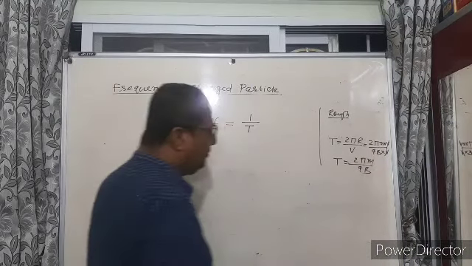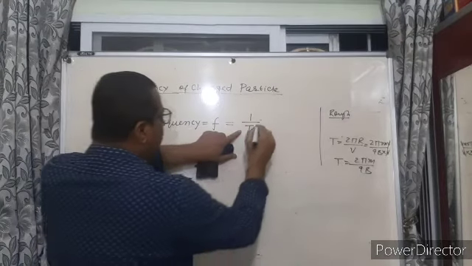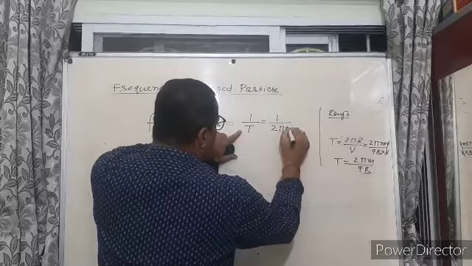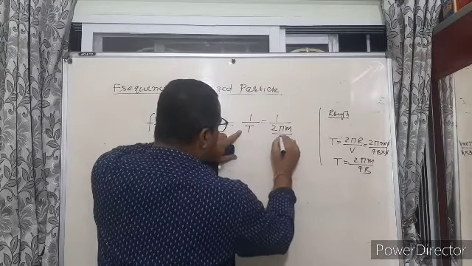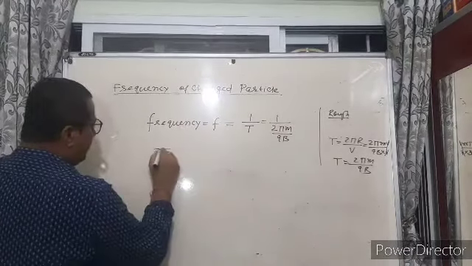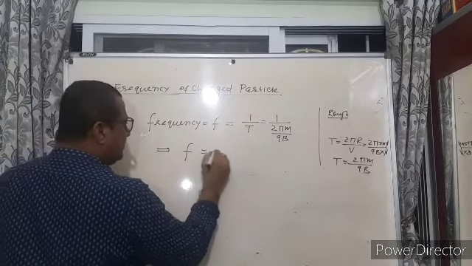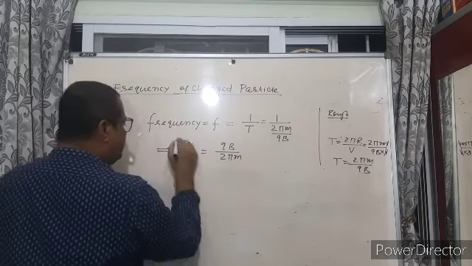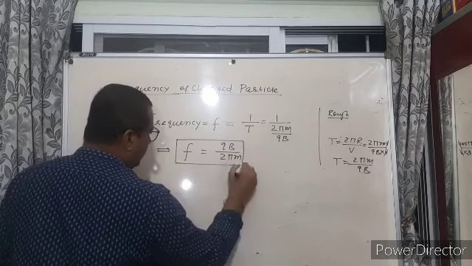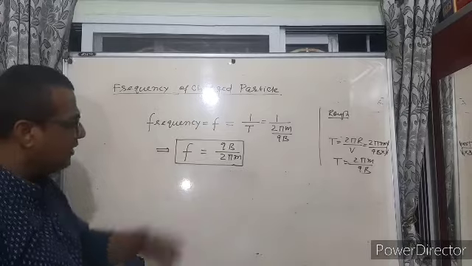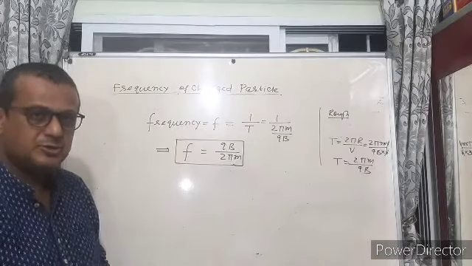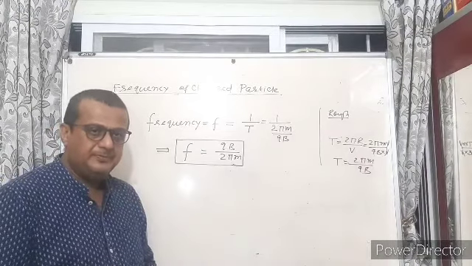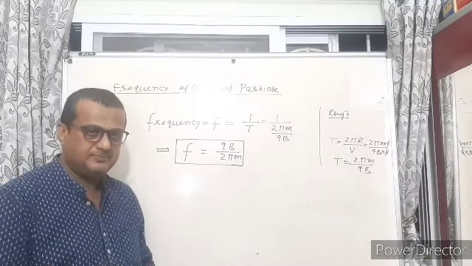So we put here 1 by t, 2 pi m by qb. Hence frequency can be written as qb by 2 pi m. This is the frequency. Again, frequency does not depend on velocity. So it is clear that frequency and time period do not depend on velocity.